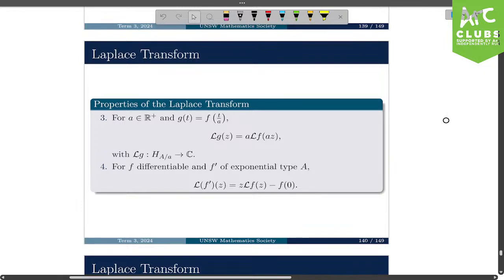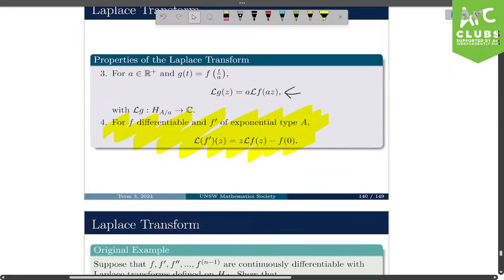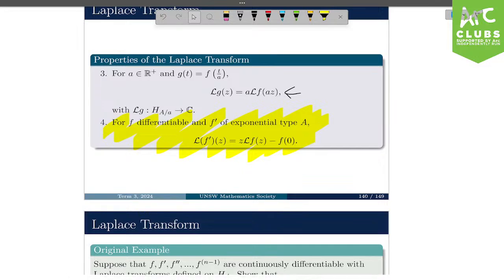Anyways, now we hit the big one. This is our best friend. For anyone who's done differential equations, it can be a lifesaver. We get little things from just substitutions in integrals, which give us this result, number 3. But number 4 really takes the cake. It says that if we take the Laplace transform of a derivative of a function, it equals something rather unique on the S domain.